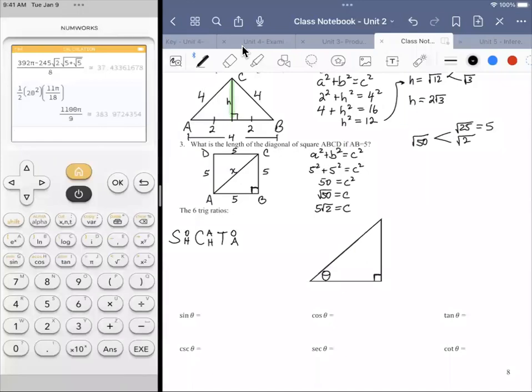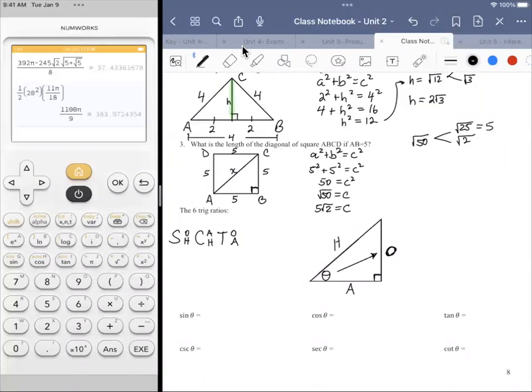All right. So the hypotenuse is the one that's opposite the 90-degree angle. The one that's opposite the angle theta, that's going to be the opposite. So that's O for opposite, not a 0. The other one has to be the adjacent.